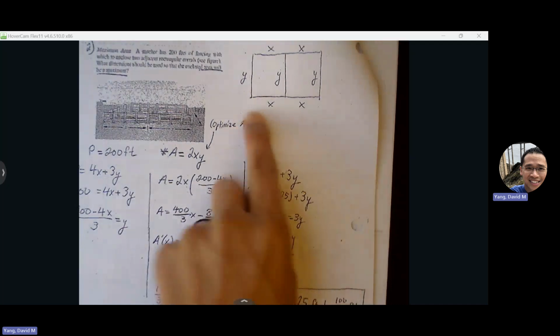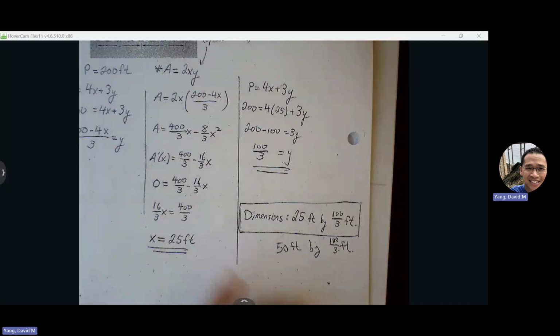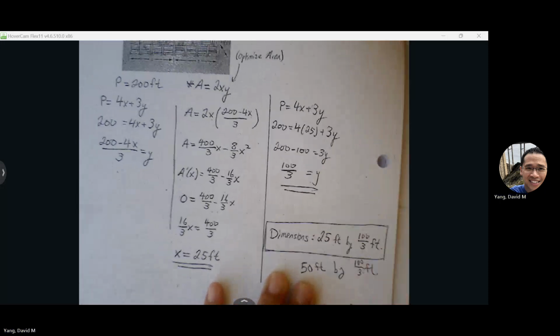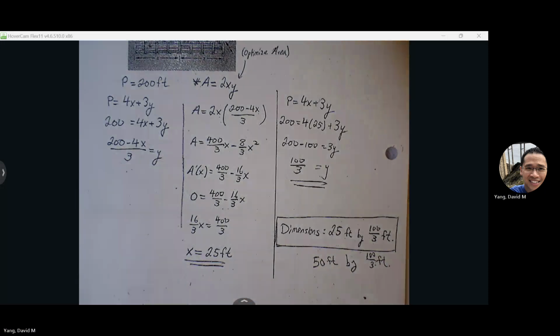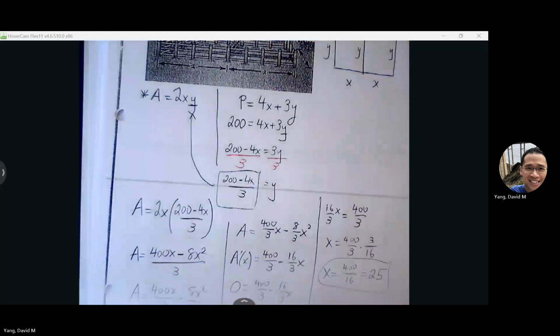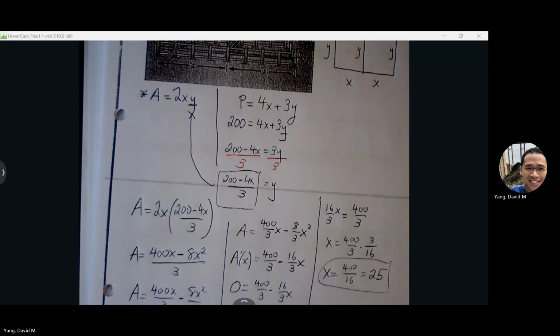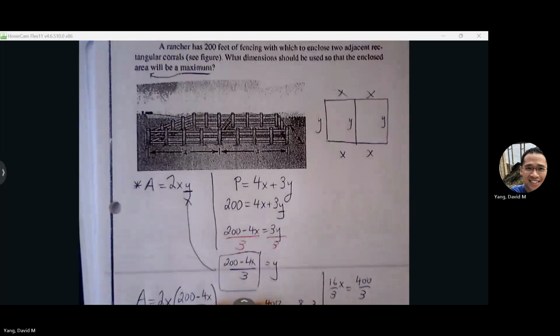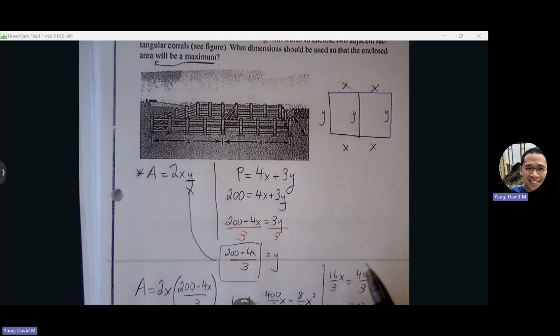Or if we want to think of this as the full length here, you can also say, oh, it's 50 feet by 100 over 3. But either is fine. Okay. Next page.